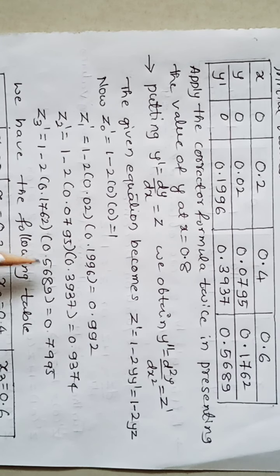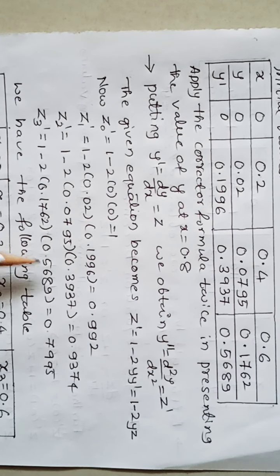We have the following table. So x naught is equal to 0, x1 is 0.2, 0.4, 0.6, x3. Similarly y naught, y1, y2, y3. Next y dash is equal to z. That means z naught, and z naught dash.